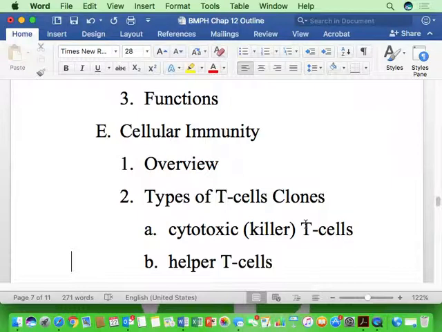They stimulate killer T cells to divide. They enhance the ability of macrophages to phagocytize, so to engulf and destroy, phagocytize.